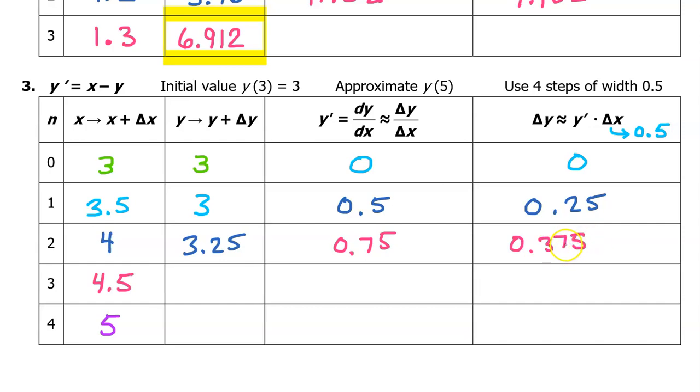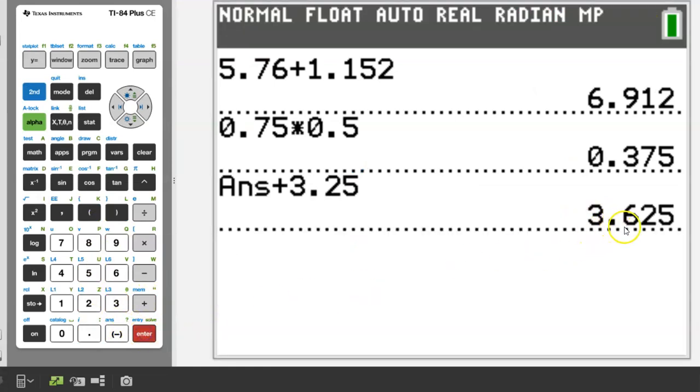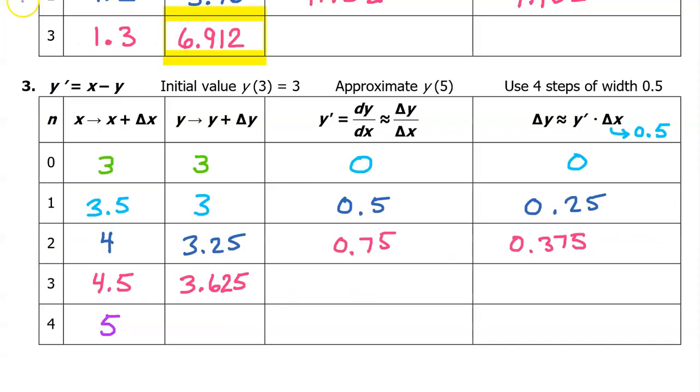This is delta y. We can add this to the previous y value to get the next y value. Plus 3.25 gives 3.625.